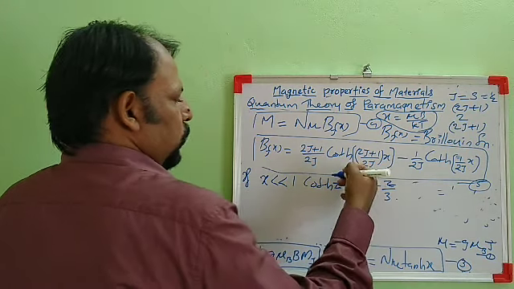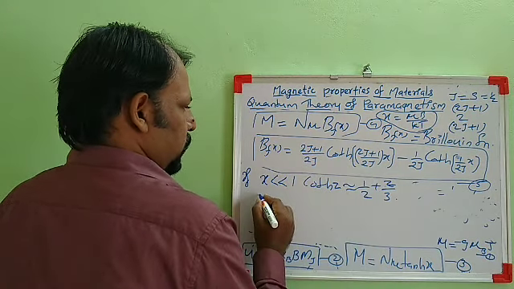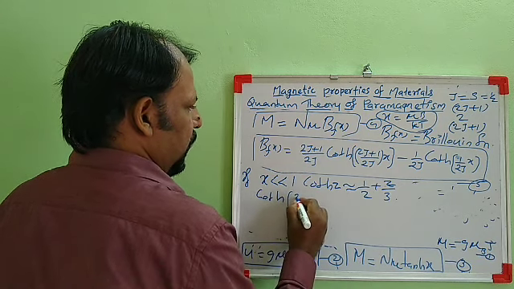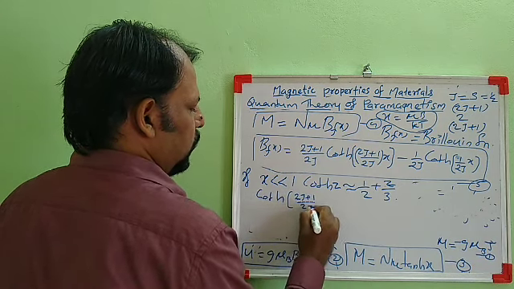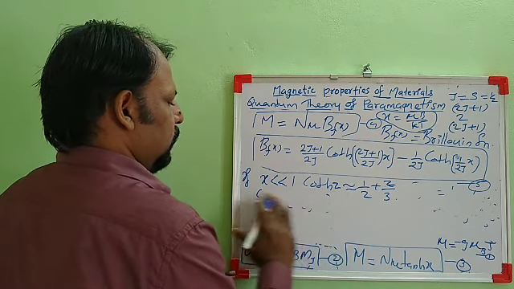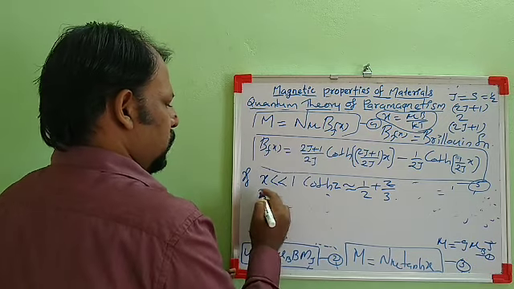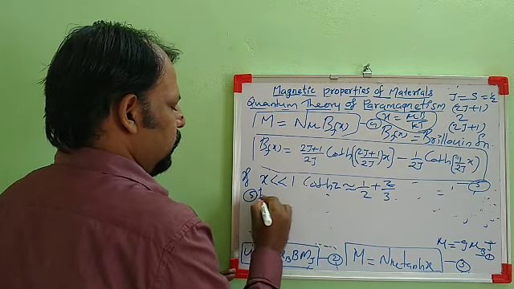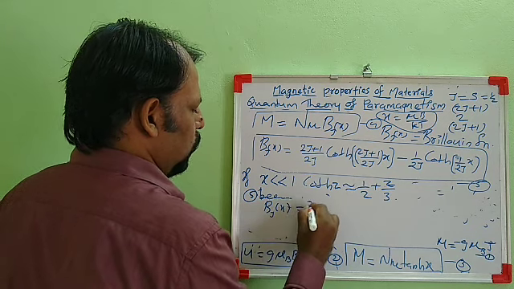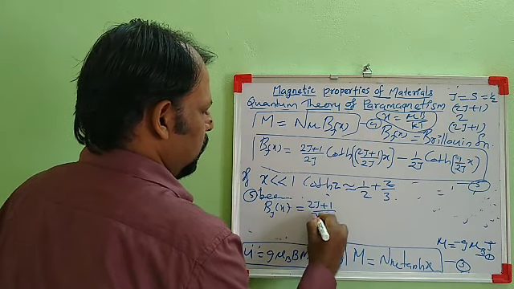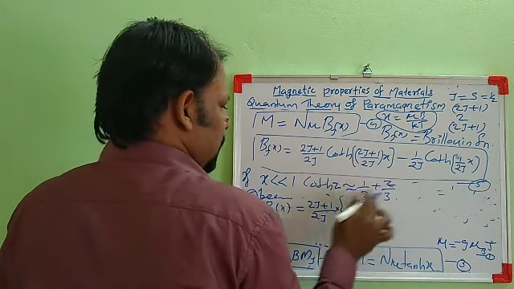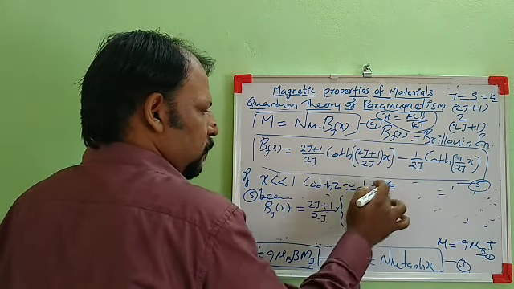So we can reduce this equation as coth. Instead of z, we are having (2J plus 1)/2J x. So I am writing this in this equation. So equation 5 becomes B_J(x) equal to (2J plus 1)/2J into coth, and that coth is 1/z plus z/3.